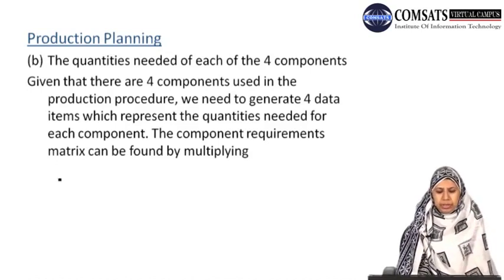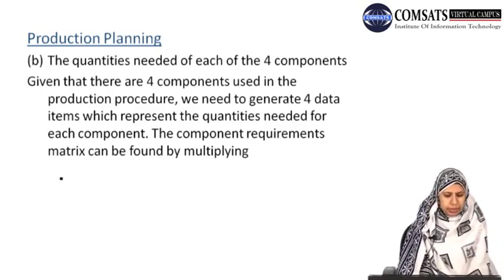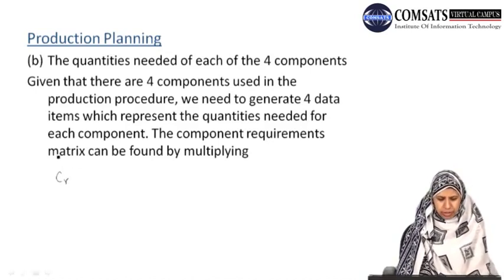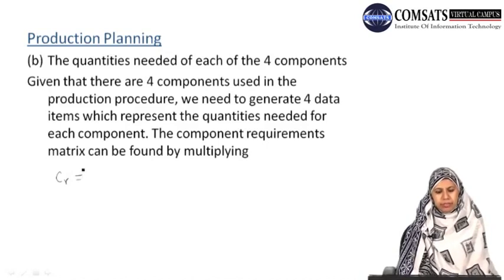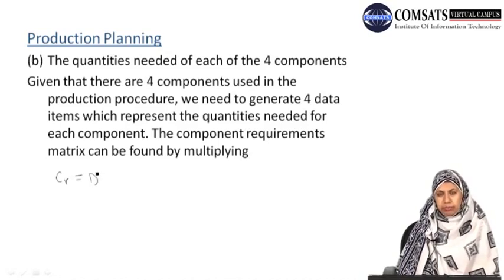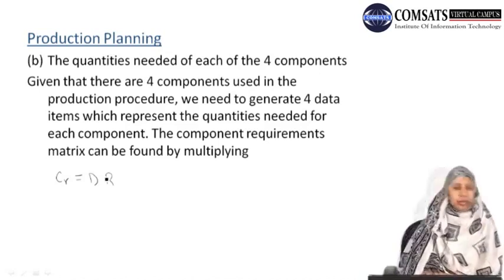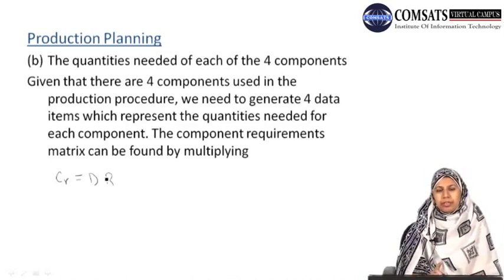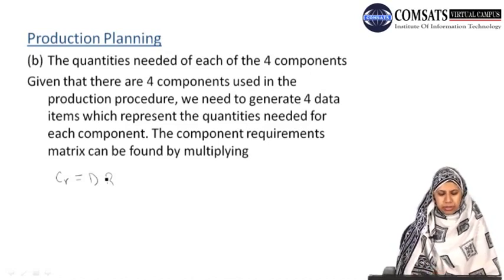The component requirements matrix can be found by multiplying. If CR represents our component requirements matrix, then we can find this matrix by multiplying our demand matrix with the matrix R, where matrix R represents the combination of components required for each product.